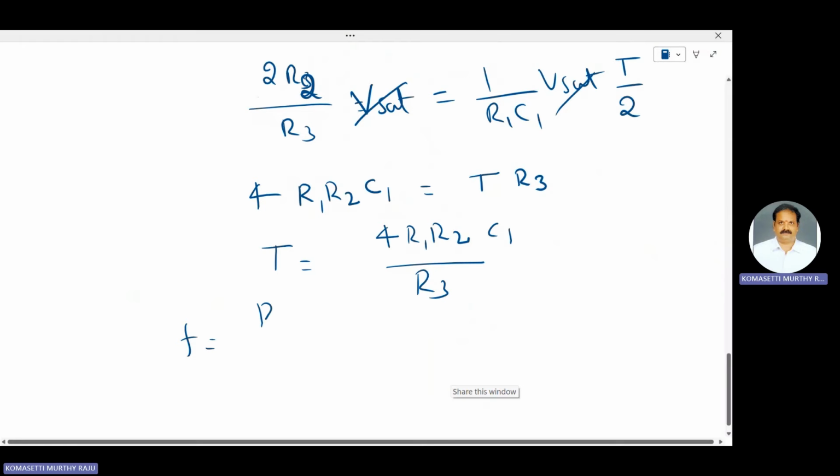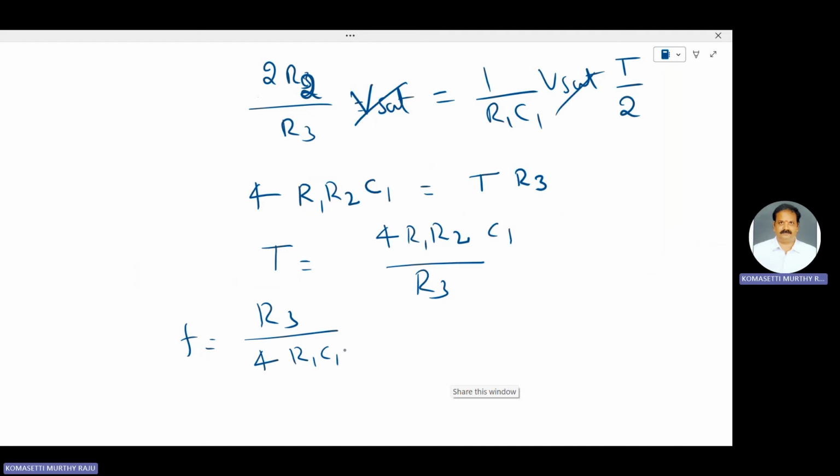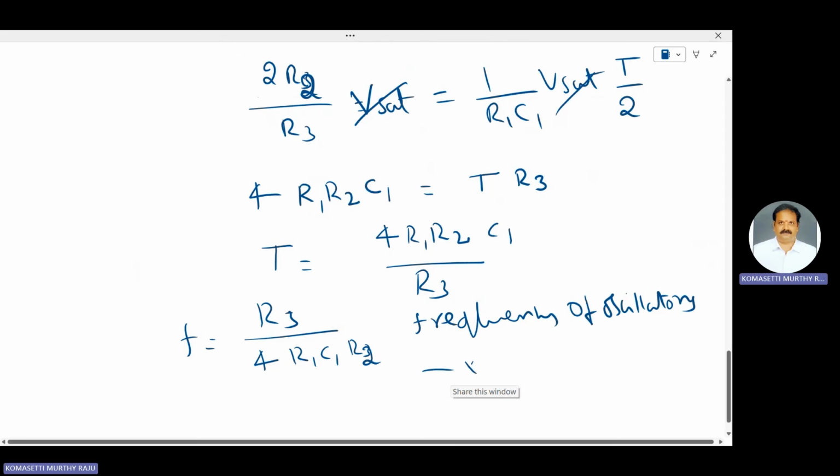F is equal to R3 by 4 R1 R2 C1. This is the frequency of oscillations. With this, the derivation is completed.